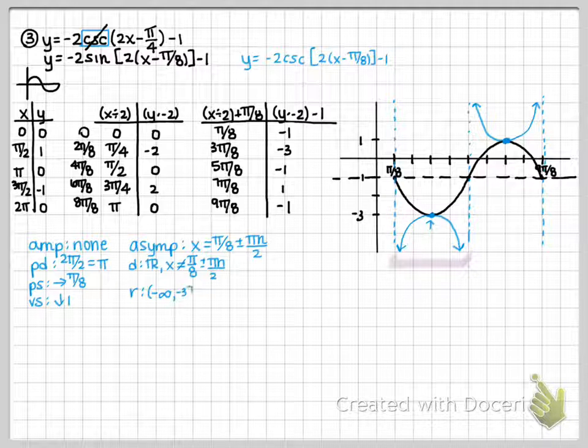It hits there, but then it stops and it picks up again at this point here, which is going to be at 1. And then it takes off to infinity again. So for range, for cosecant and secant, we're going to have 2 different sections that we need to deal with.